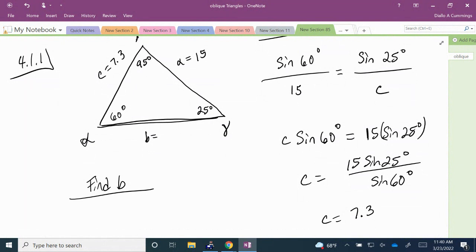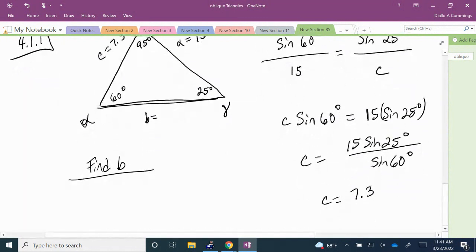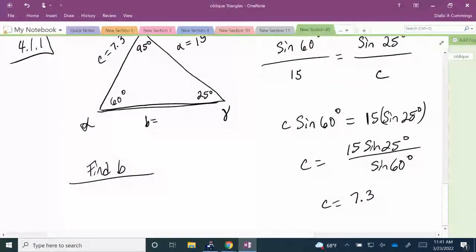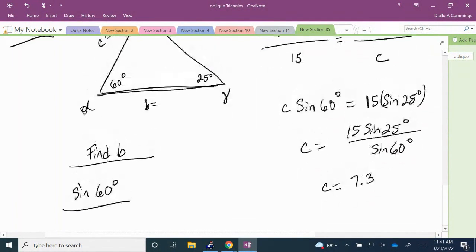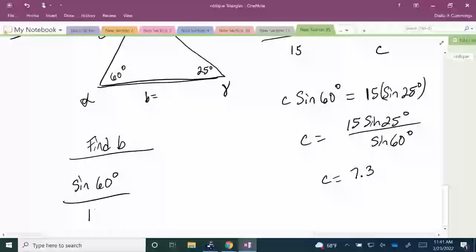So when I actually find side B, I'm going to set up my law of sines proportion as the sine of 60 degrees divided by 15.